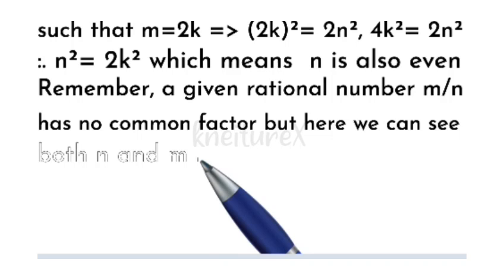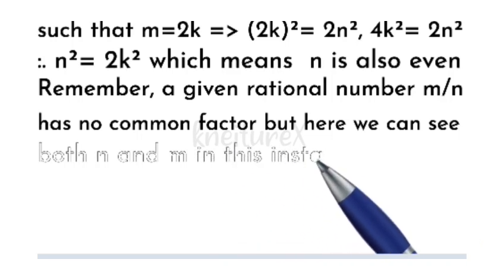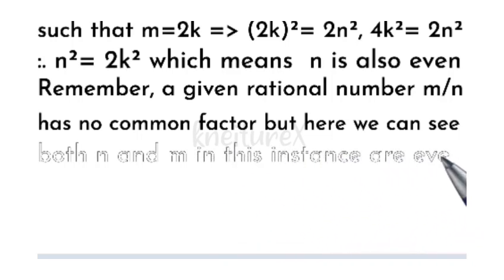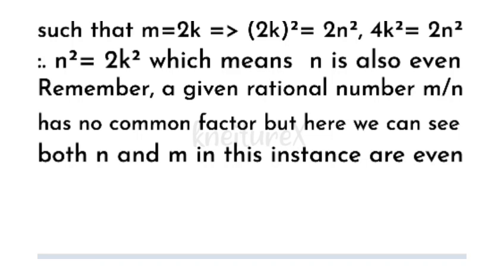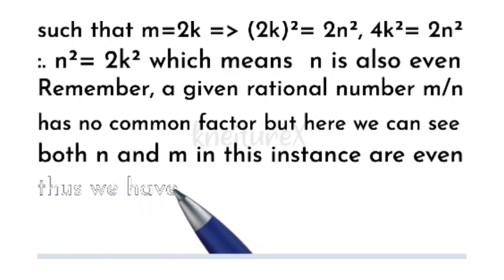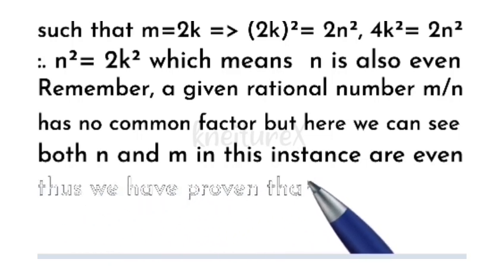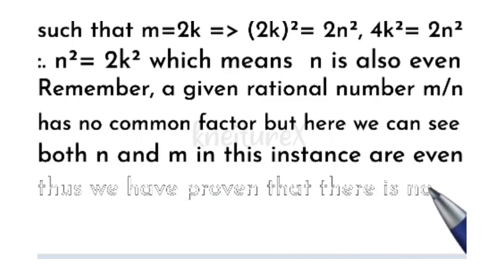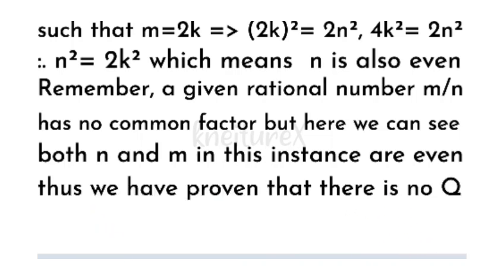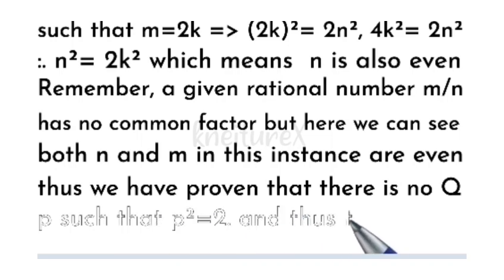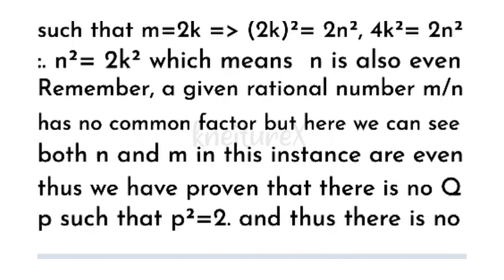So this means that there is no solution for this expression in the rational numbers, because a rational number has to be in its simplest form m over n, such that m and n have no common factor. But in this instance, there's a common factor. This does not make it a rational number, because it contradicts the rule for rational numbers. So this does not hold for rational numbers. Then we have proven that there is no rational solution for x squared equal to 2. So we've successfully proven that.